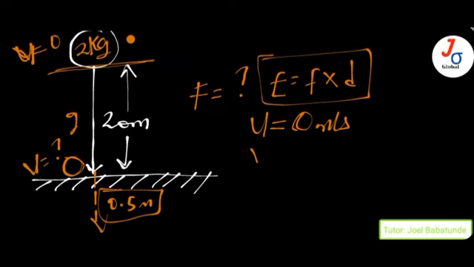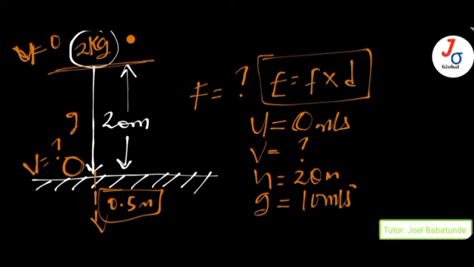Then we have our final velocity, which is what we don't know. Then we have the height, which is 20 meters. And then we have g equals 10 meters per second squared.